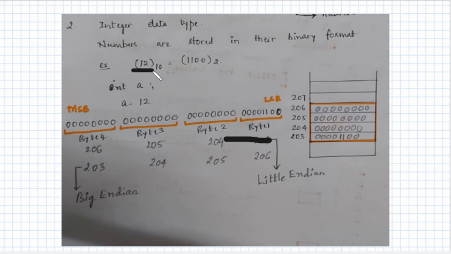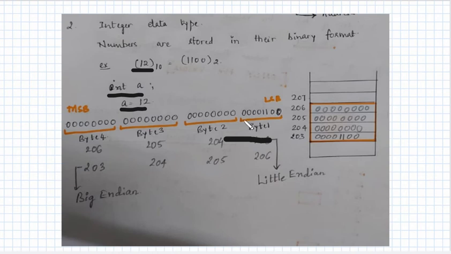For example, 12 is represented as 1100. Now if I declare something like int a, and a is equal to 12, as per our previous discussion, the integer data type occupies 4 bytes. So this 12 is basically written as 4 bytes.